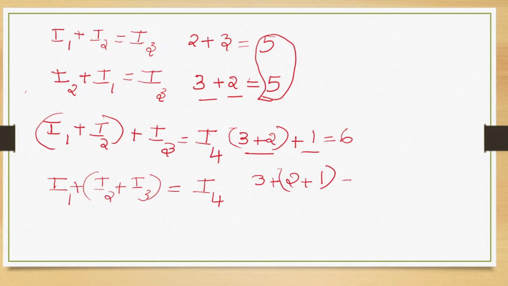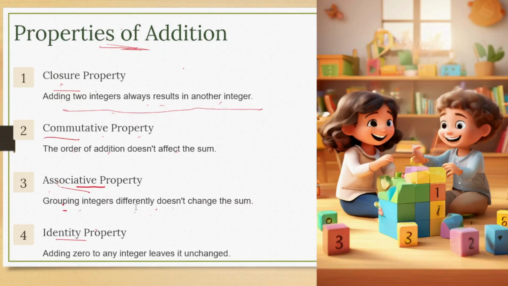What is the result? Here, 6. This means grouping does not affect the result of addition. Grouping integers differently does not change the sum.